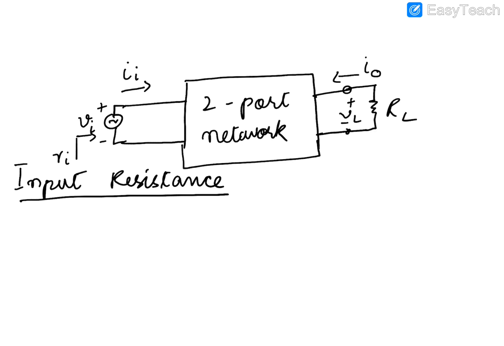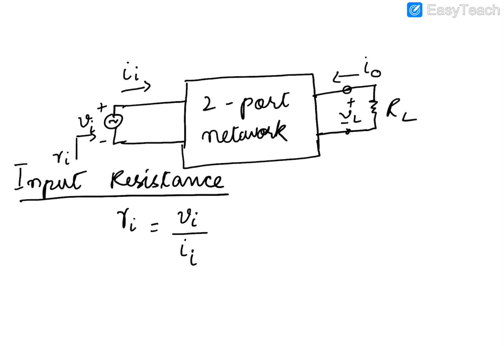The small r is used for AC, and the capital R will be used for DC input resistance. So ri is simply the ratio of Vi and input AC current. Input AC voltage divided by input AC current is equal to input resistance measured at the input side.